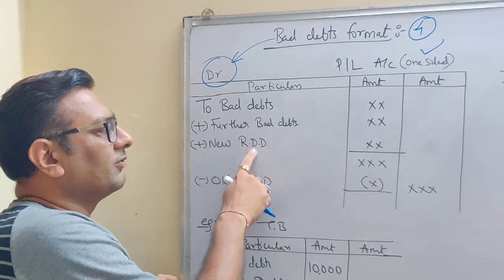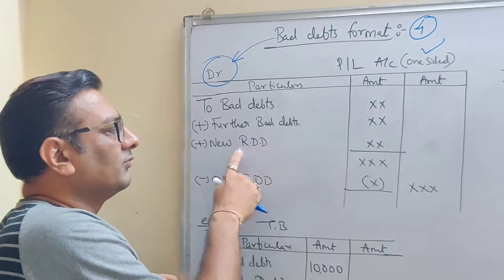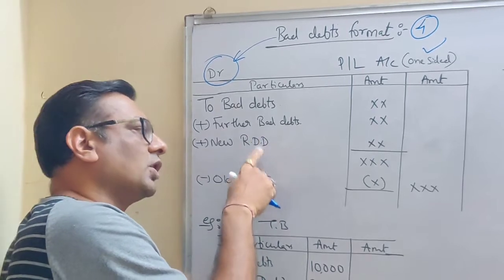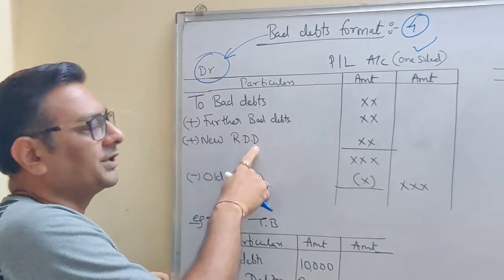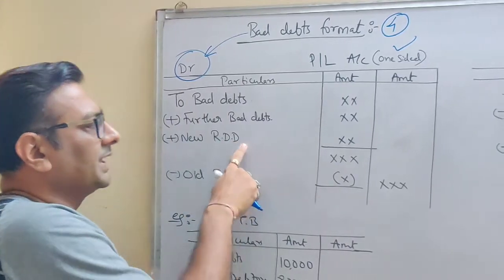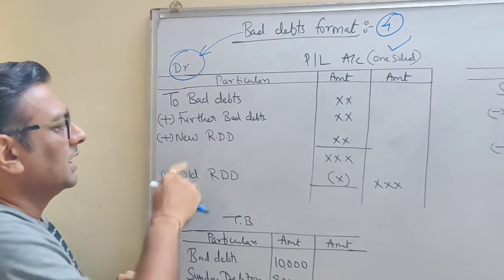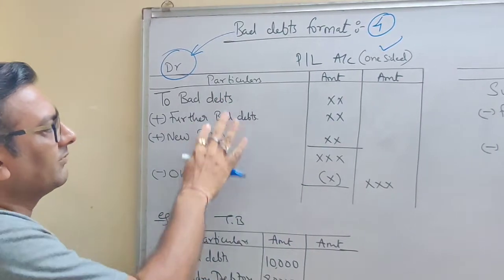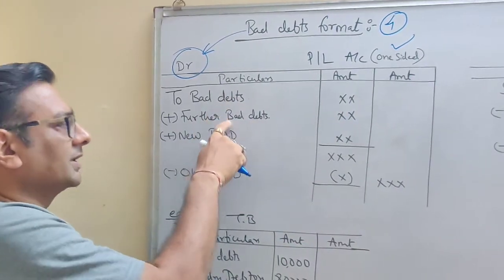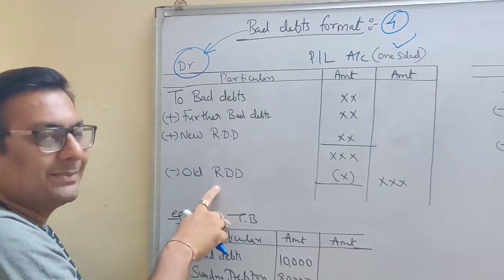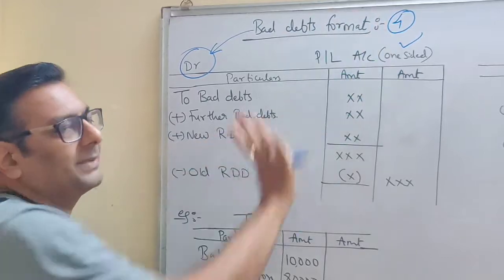RDD means reserve for doubtful debts, which is also called provision for doubtful debts. So there are both names for it: provision for doubtful debts, reserve for doubtful debts. Why new and old? I will explain later. So there are 4 items: bad debts, further bad debts, new RDD, old RDD. These are the 4 elements in your bad debts format.